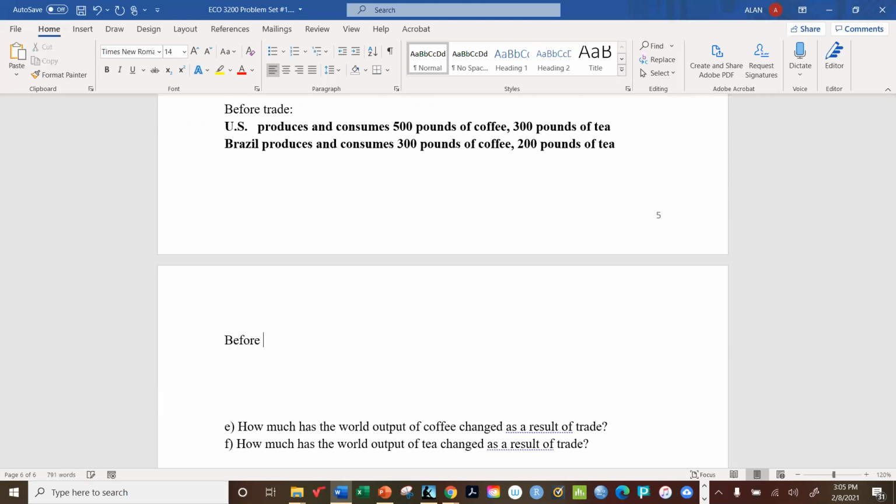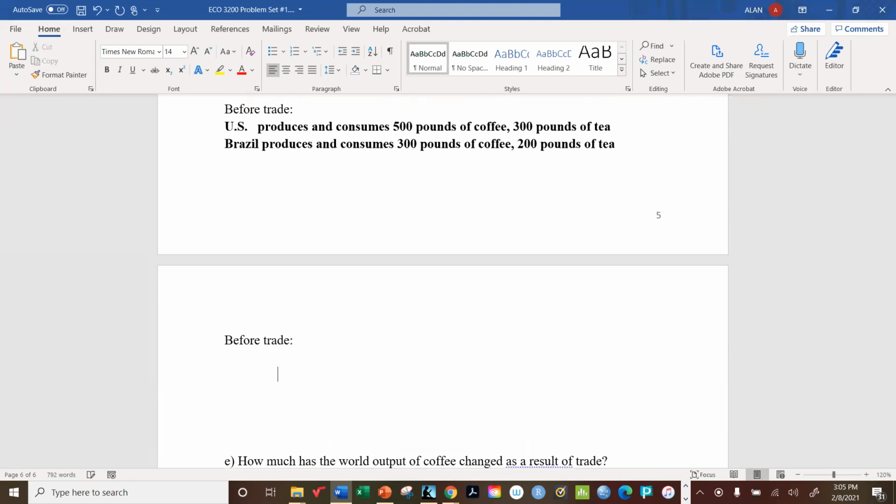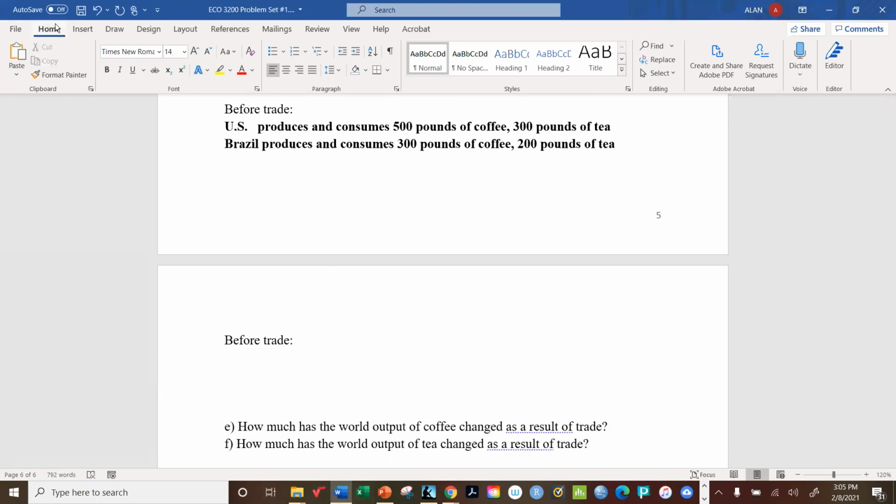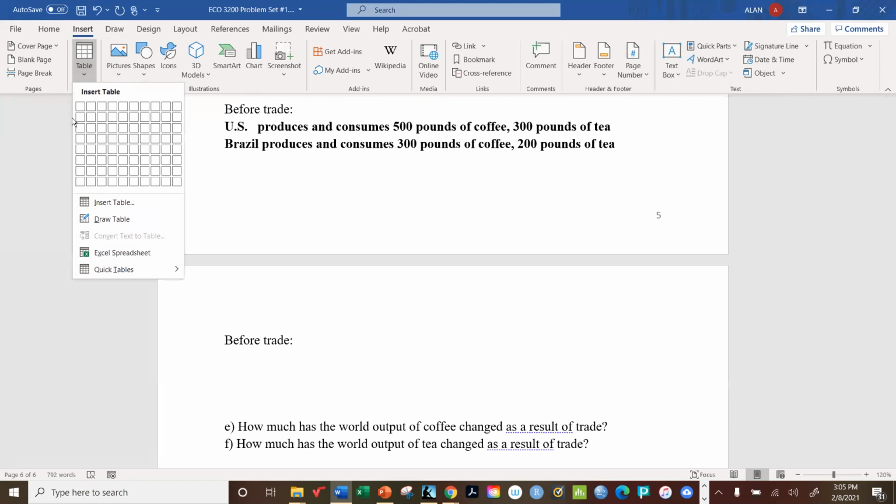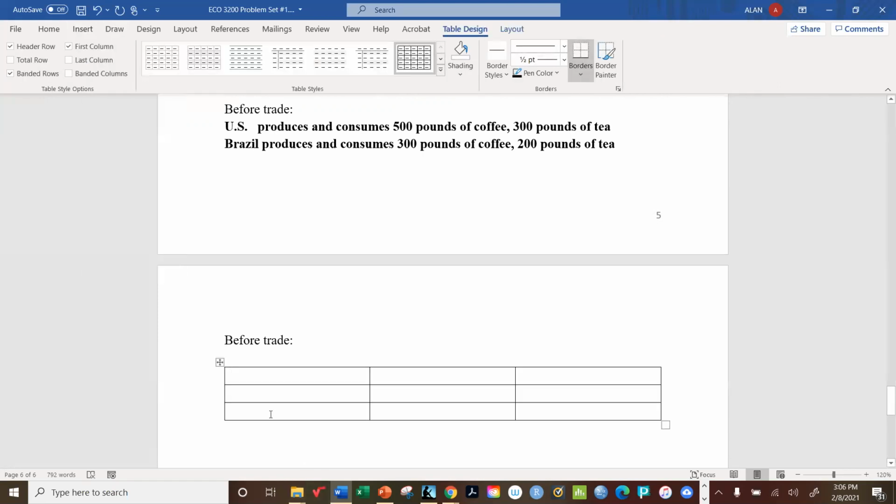Before trade, let's make a little chart here. I think that might be easier to follow. I'm going to create a little table. So we have the US and Brazil. We have coffee and tea. So what I want to start out here with is how much each produced.